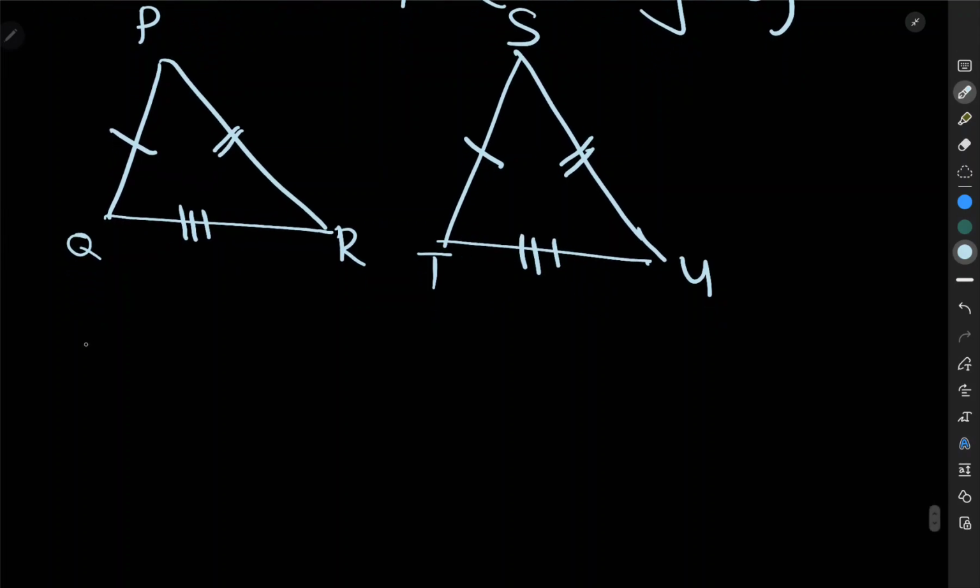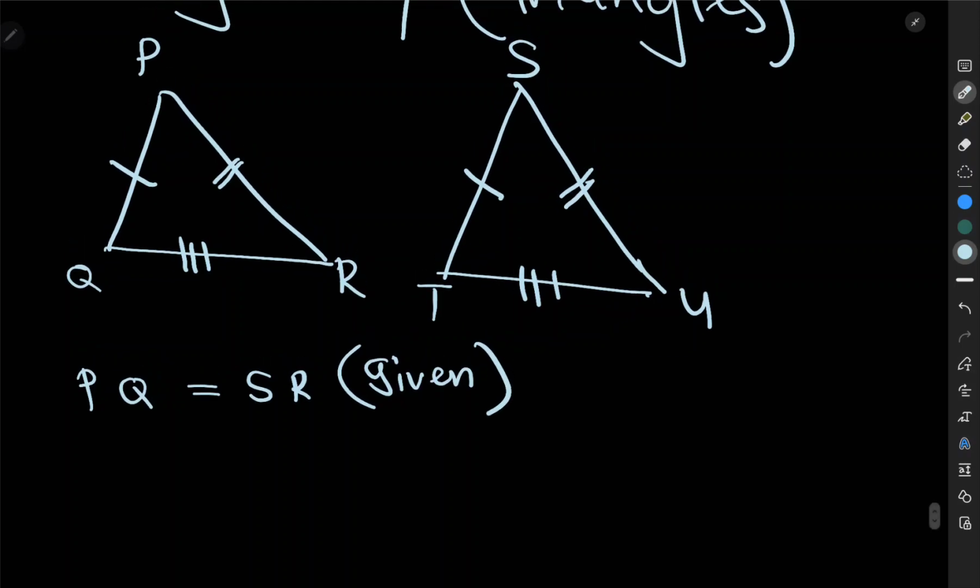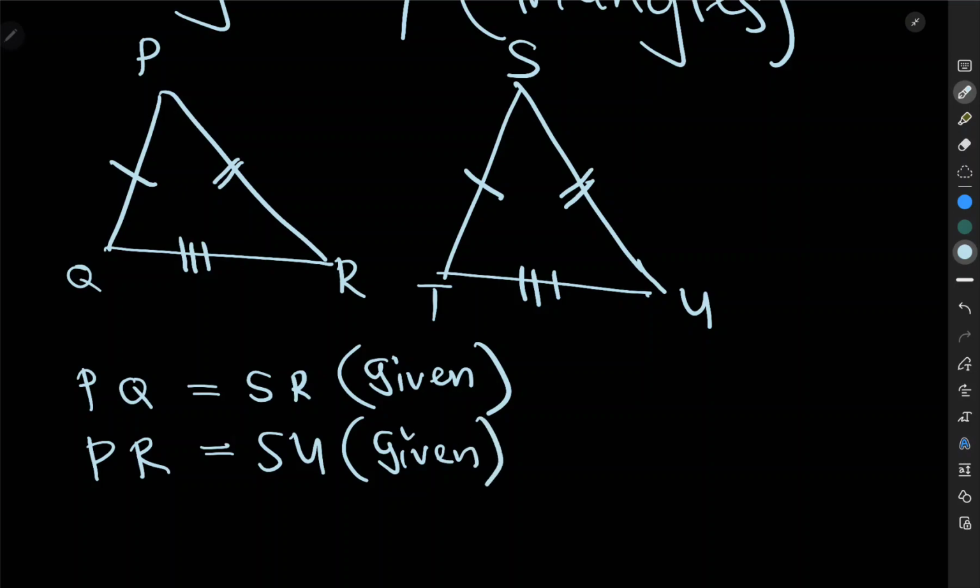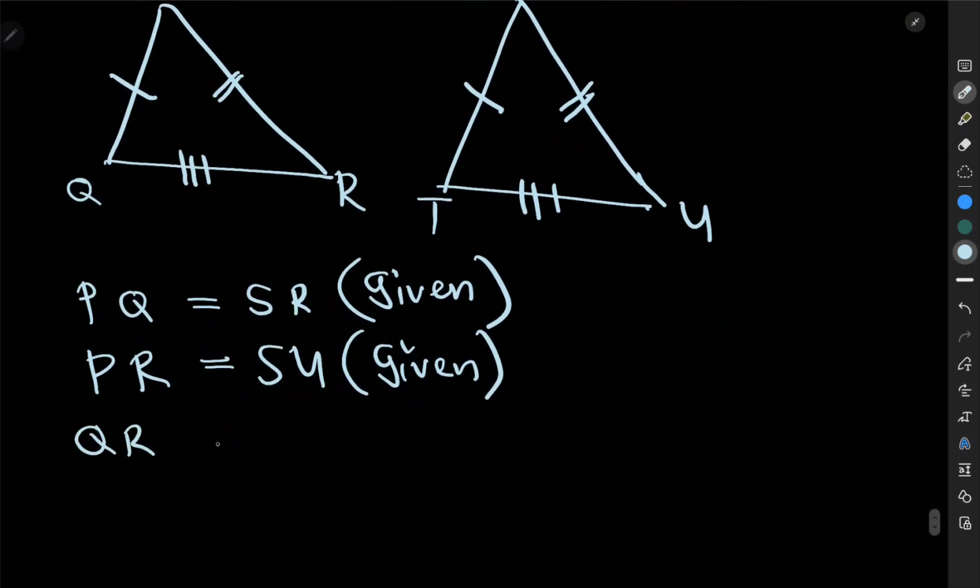Obviously you need to give a reason every single time you come with that deduction, and in this case the reason is given for each of them.